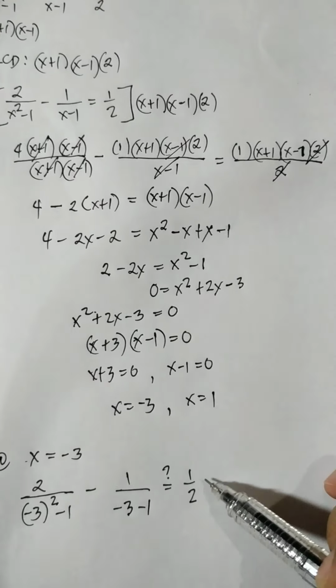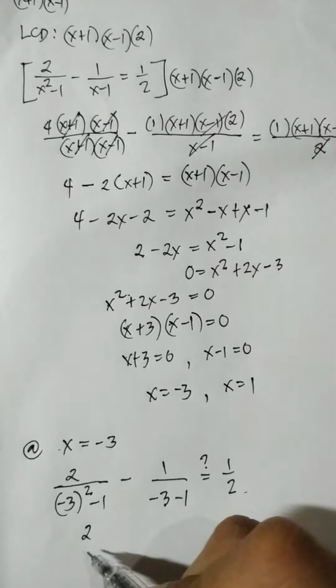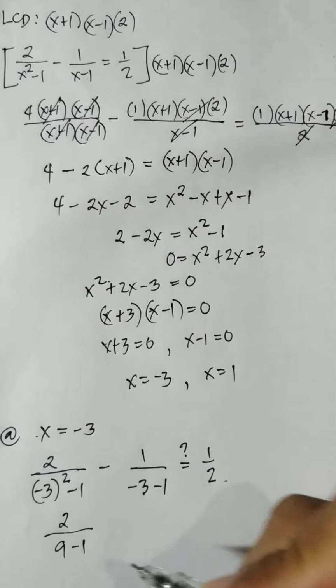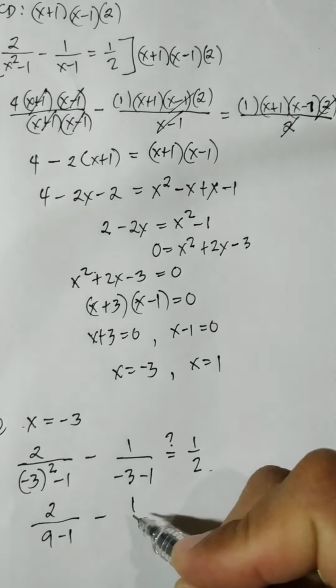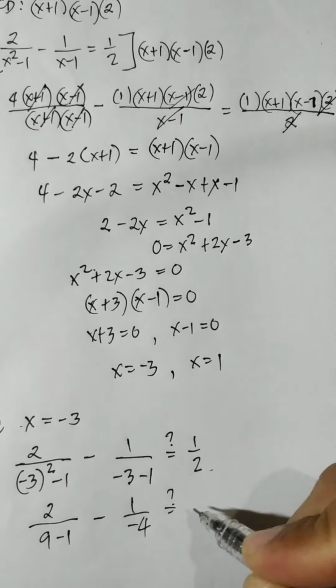Is it equal to 1 half? Simplify. So this will become 2 over 9 minus 1, minus 1 over negative 4. Is it equal to 1 half?